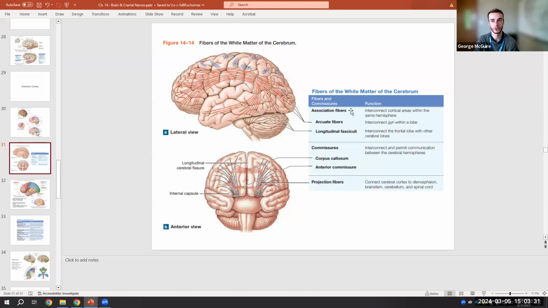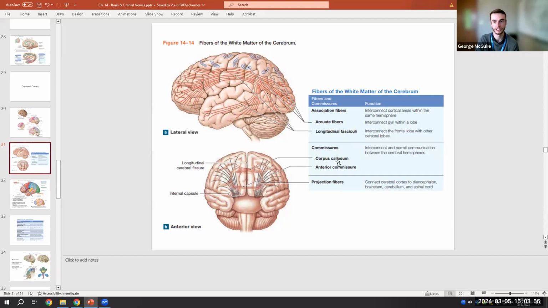Of our association fibers, we have two main types. Arcuate fibers, which are much more localized to neighboring gyri, right? Just connections across those indentations, those sulci. We have longitudinal fasciculi, which are much longer and go front to back across different lobes on the same hemisphere.